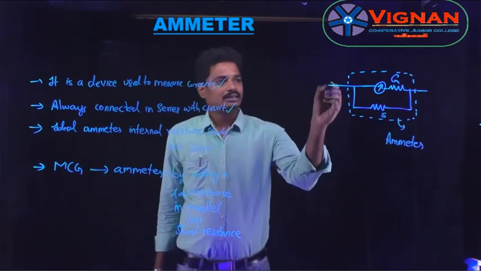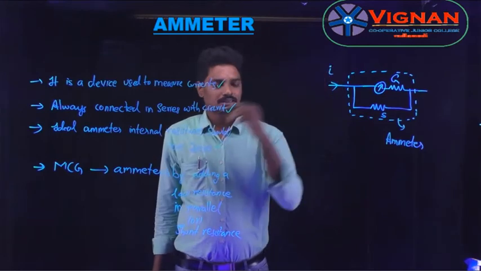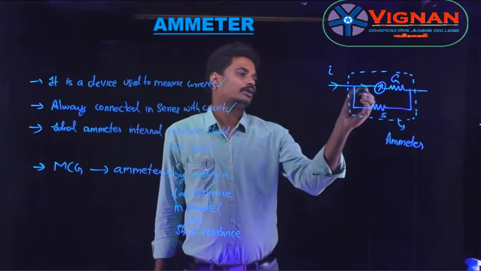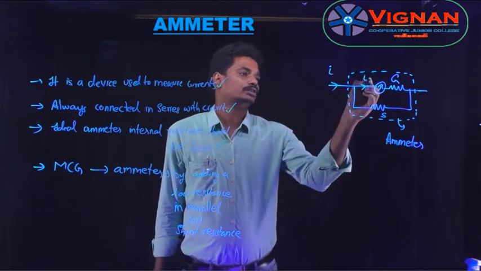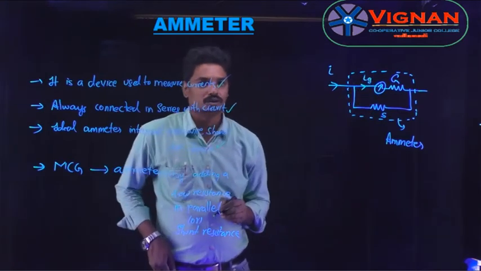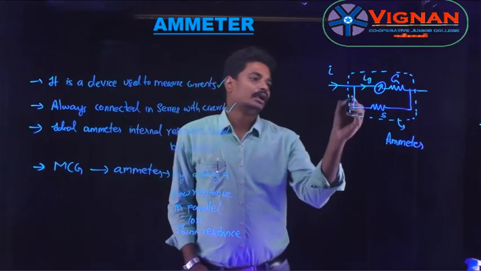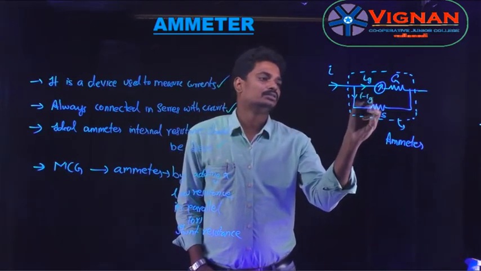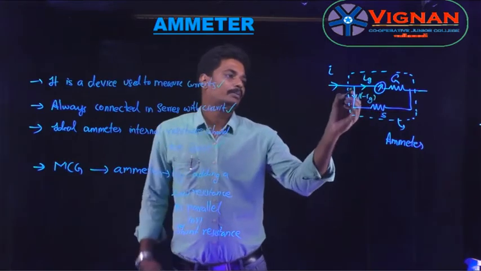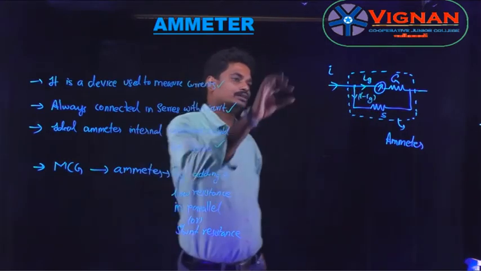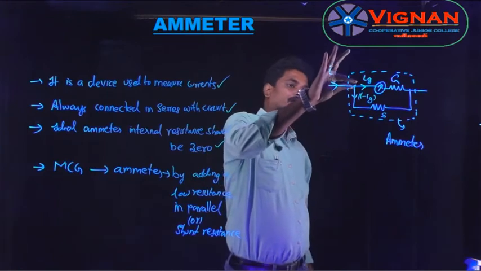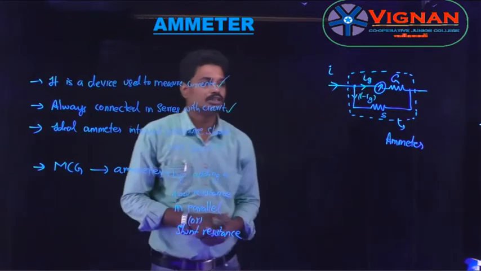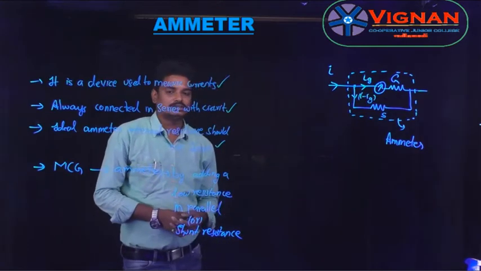So let I be the current flowing through the circuit, as we discussed earlier. Here the current flowing through the galvanometer is Ig, which is the maximum current that can flow through the galvanometer, and the current flowing here is I minus Ig. By applying Kirchhoff's law here, I is the incoming current, and Ig and the remaining current, which is I minus Ig, flows through the shunt resistance.